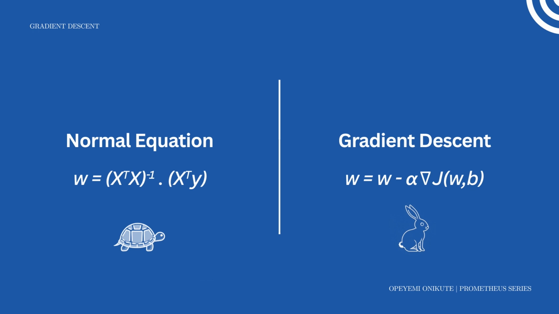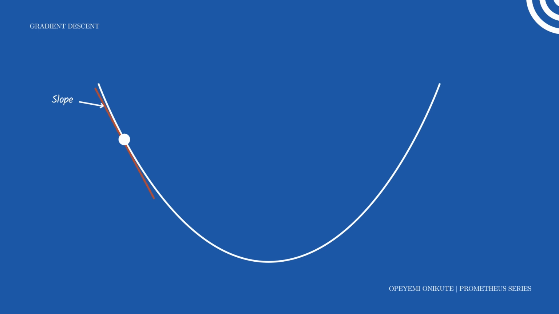So how does gradient descent work? Let's focus on the intuition here, because I think it's really cool. Imagine you are standing on a foggy hillside and your goal is to get to the very bottom of the valley. You can't see far, but you can feel the slope of the ground right under your feet. The gradient is basically checking that slope to find the steepest way down.